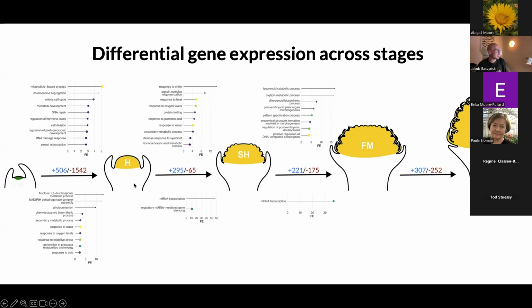But throughout the progression from heads to secondary head meristems and then initiation of floral meristems, we can see gradual decrease in mRNA transcription, and the formation of floral meristems also starts with the switch from proliferation of stem cells to more morphogenesis related processes, because flowers start to develop, which is also an expected result, and this is the developmental pattern we should probably expect from this kind of morphological trajectory.